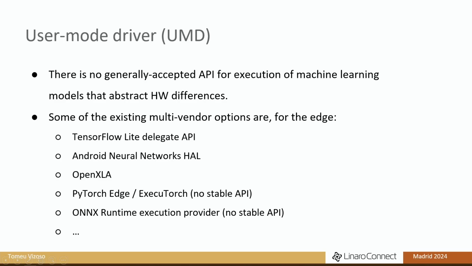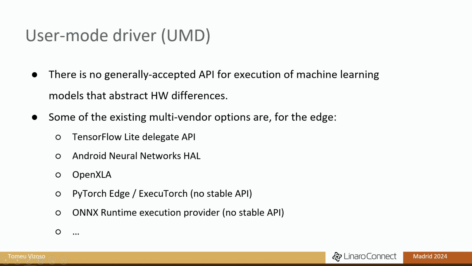And in user space, a difference with graphics is that we really don't have something like Vulkan or OpenGL. We have several frameworks, and some of them make it easier to have some backend which is hardware specific. TensorFlow Lite, I implemented that one precisely because it has the possibility of loading a shared library which implements a stable API that contains all this hardware specific code.